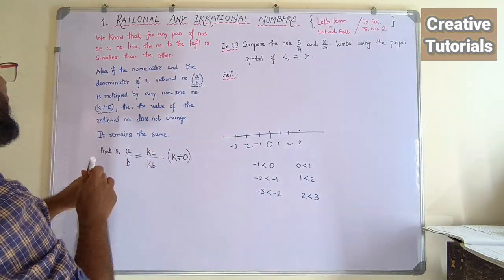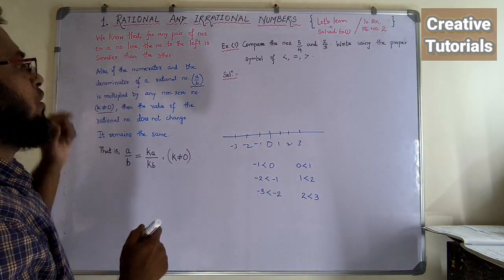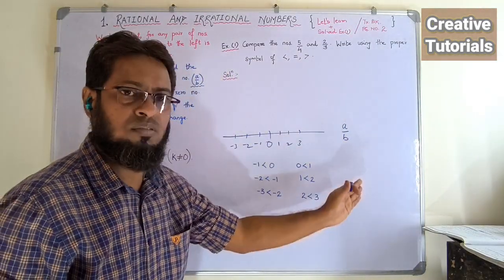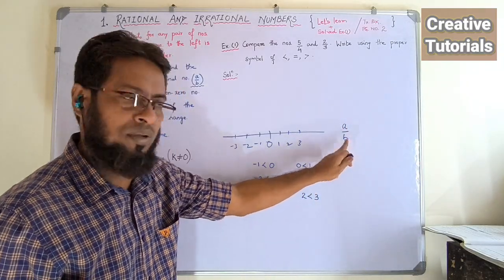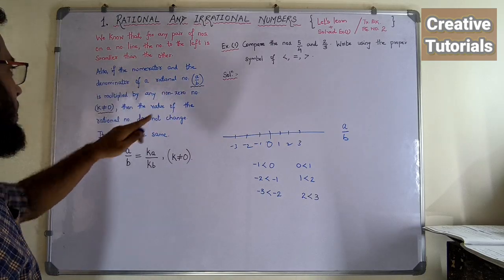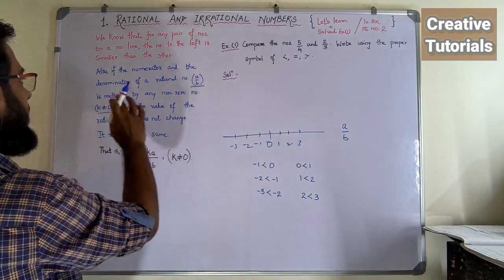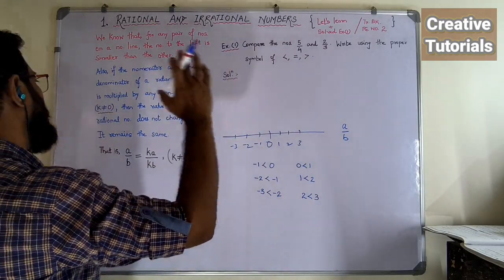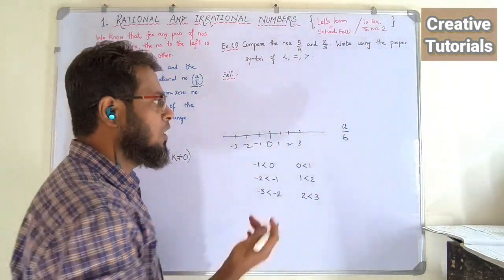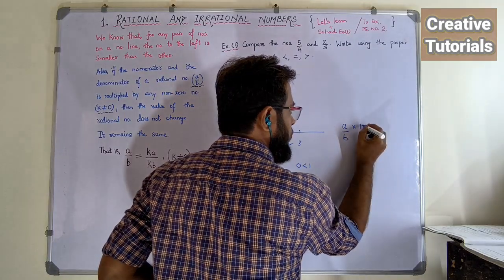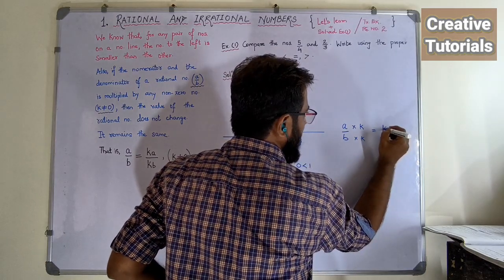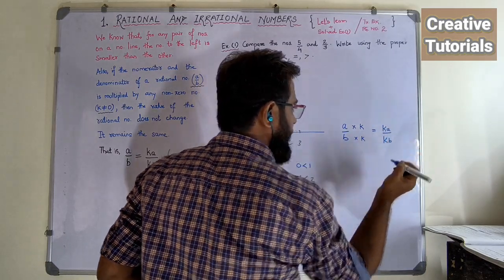Okay? Then they say that also, if the numerator and the denominator, suppose if I write a fraction a upon b, for example, right now, this is rational number, fraction, this is numerator, this is denominator. So, if the numerator and the denominator of a rational number, such as a upon b, is multiplied by any non-zero number, okay, so I have assumed here that the number is k, which is non-zero number, so if I multiply this by that non-zero number k and k, this gives me ka upon kb, right?